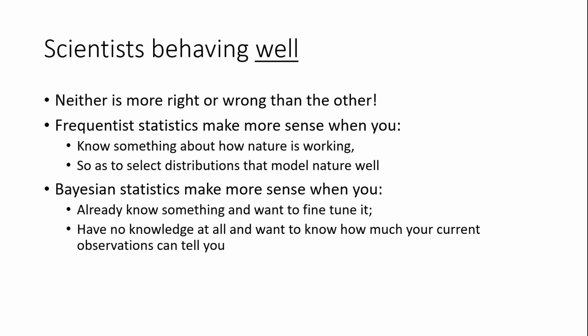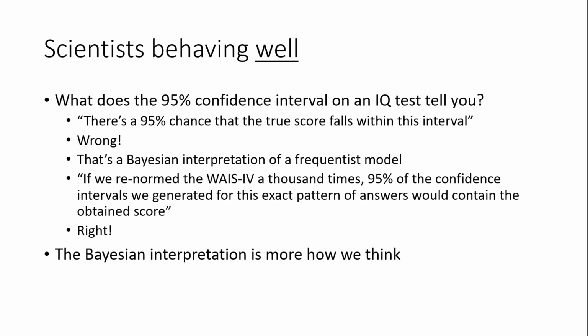Bayesian statistics make more sense when you already have some knowledge, like that 10-day breakdown, and you want to fine-tune that estimate, or in conditions where you have no knowledge at all and you want to know how much your current observations can tell you. In simple cases, frequentist and Bayesian will usually give you the same answer, but as conditions become more complex, they diverge farther and farther, and there's a place for each.